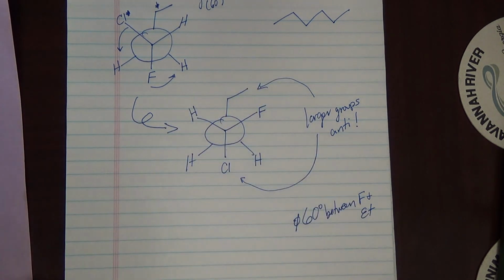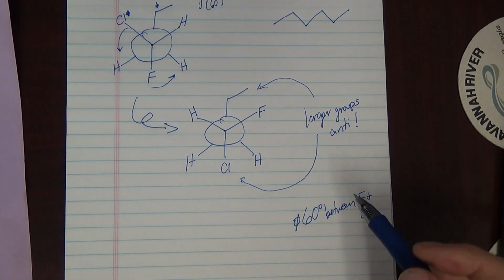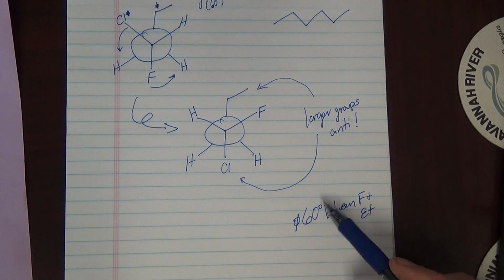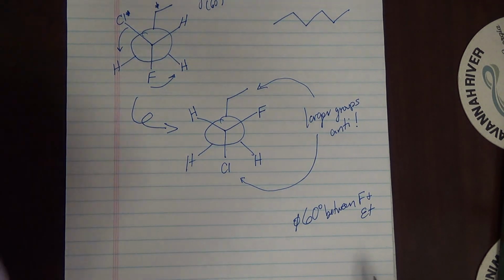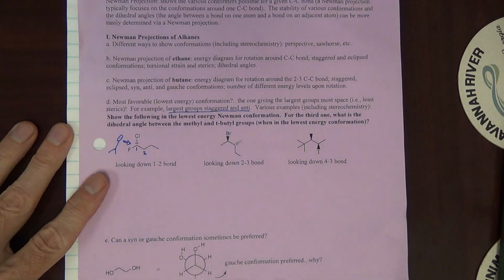Or we could ask any other questions about that. Dihedral angle: two different planes, with groups on two different carbons. Okay, you try the other two on your own.